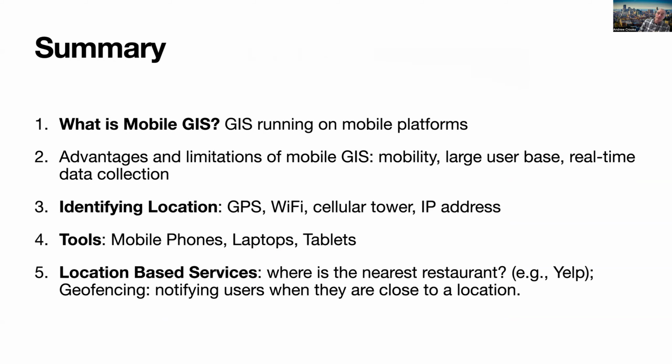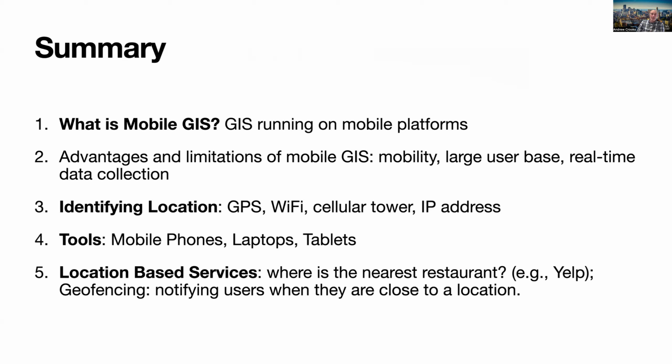So to wrap up, these two last recordings talk about what is mobile GIS. It's really the idea of running GIS on mobile platforms, something that you can take out into the field. There are many advantages and limitations of mobile GIS. It allows for mobility, and lots of data capture, especially using cell phones, where everyone has a cell phone, so it's becoming ubiquitous.